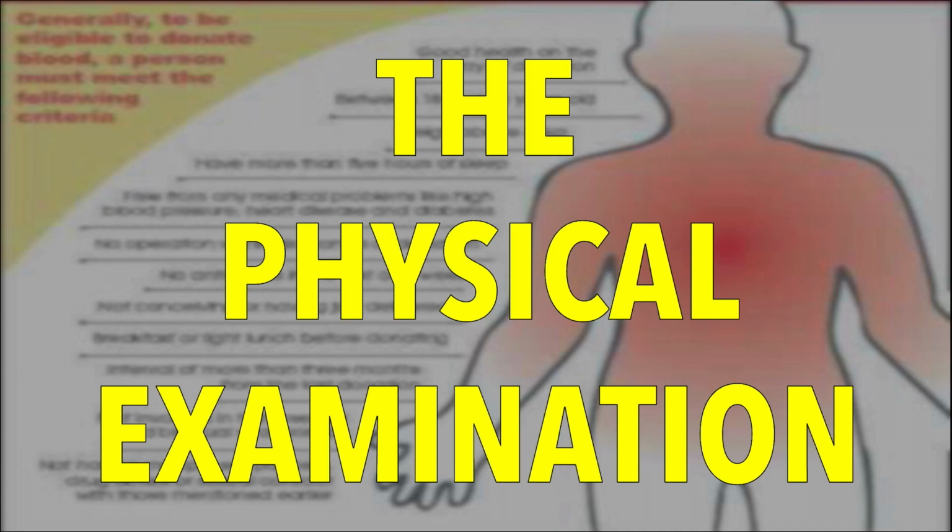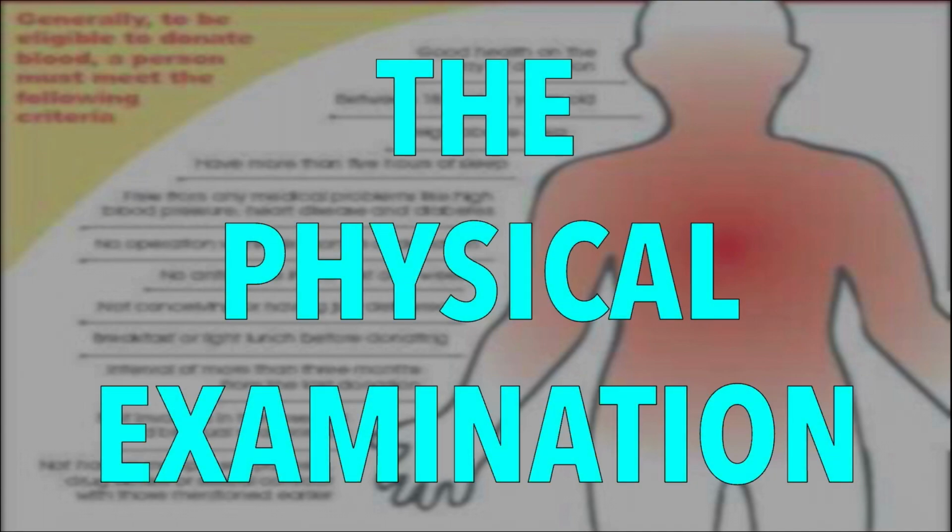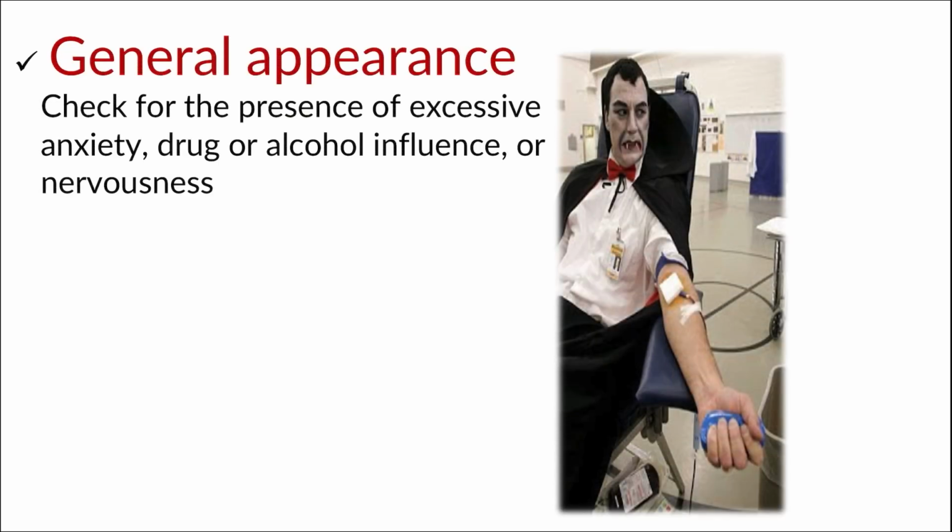Okay, let's go now to the physical examination of the donor. So what will be the general appearance of the donor? For general appearance, check for the presence of excessive anxiety, drug or alcohol influence, or nervousness. If you observe these in the blood donors, you can defer the donation process. And again, for the weight, what is the minimum weight requirement?